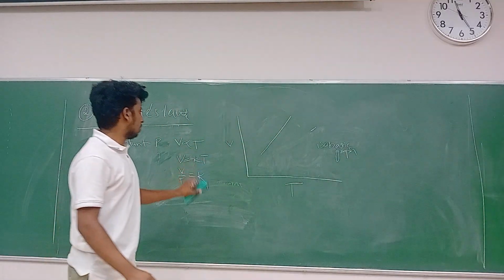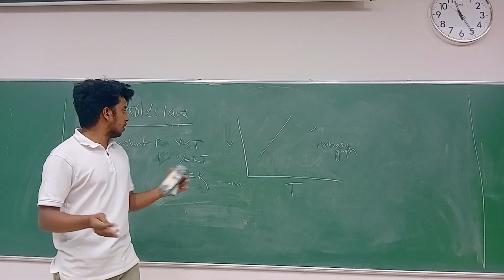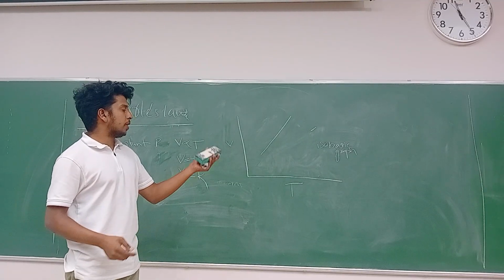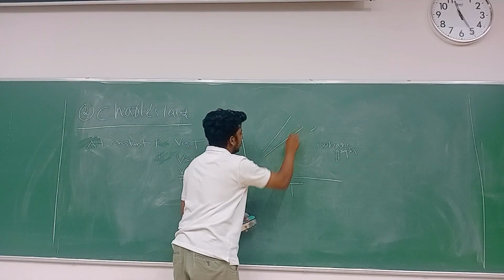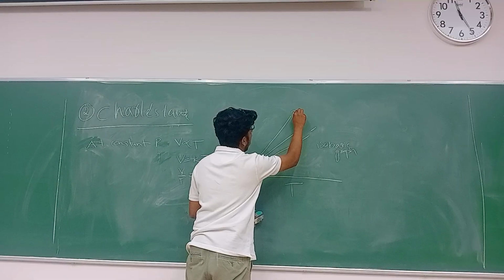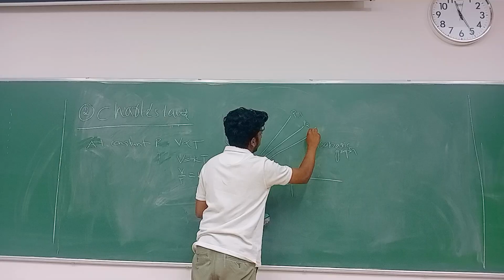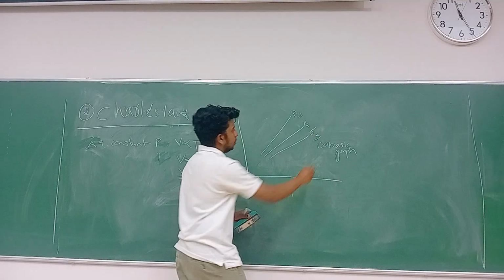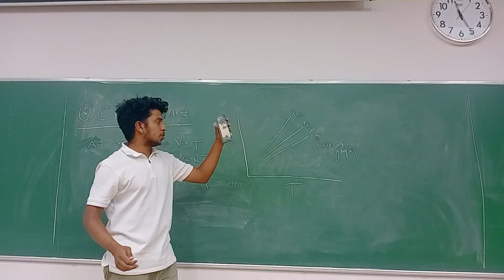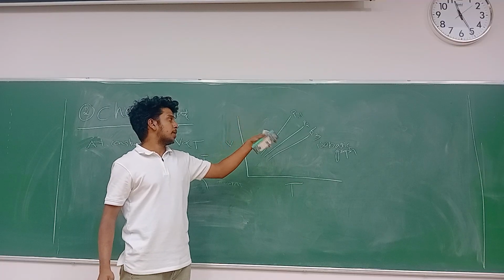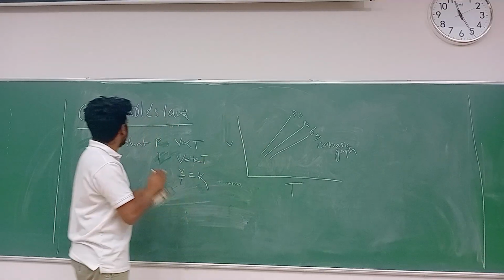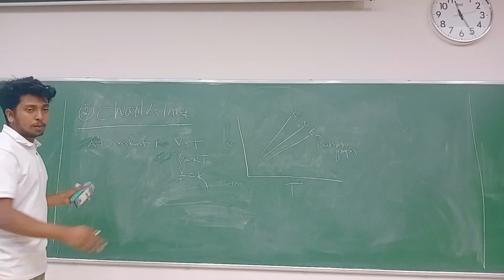Similarly, when we change the pressure, the graph will be like this: P3 is a higher pressure than P2 and P1. These are the basics of Charles's law.